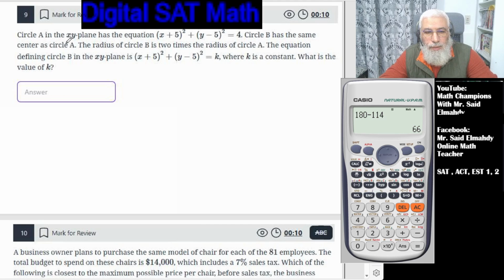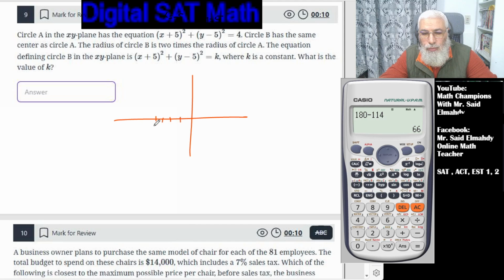Circle A in the xy plane has the equation (x plus 5) squared plus (y minus 5) squared equals 4. So circle A, the center is at x equal to negative 5 and y of the center is 5.